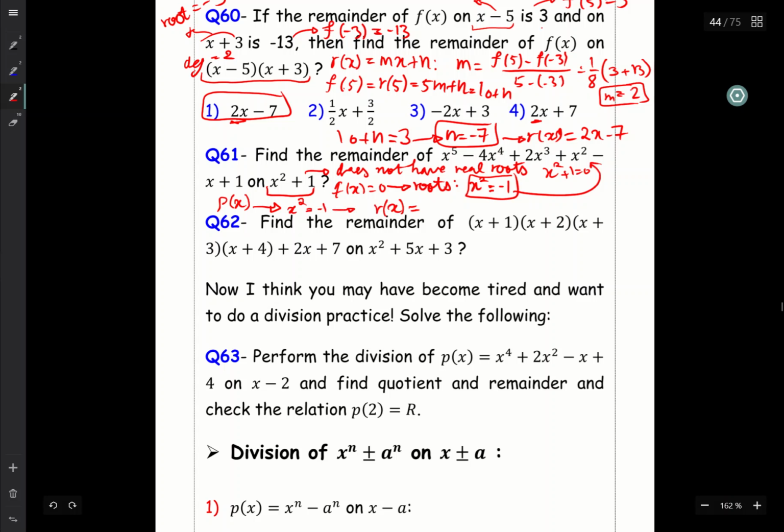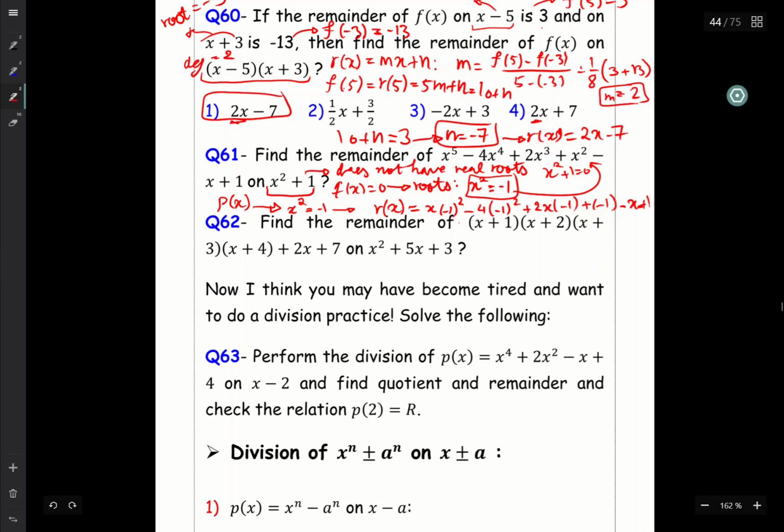Why? Let's have a look. x^5 is x times x^4. x^4 is x^2 to the second power, so minus 4 times negative 1 to the second power, plus 2x times x squared, which is negative 1. x squared is negative 1, minus x plus 1. Right? The only terms that remain are either x to the first power or x to the 0th power.